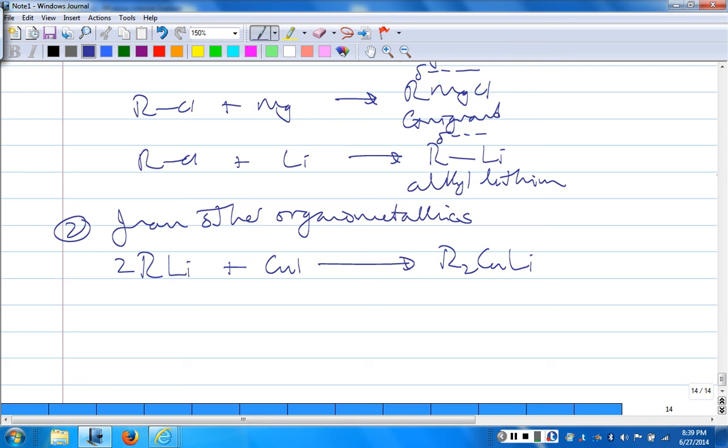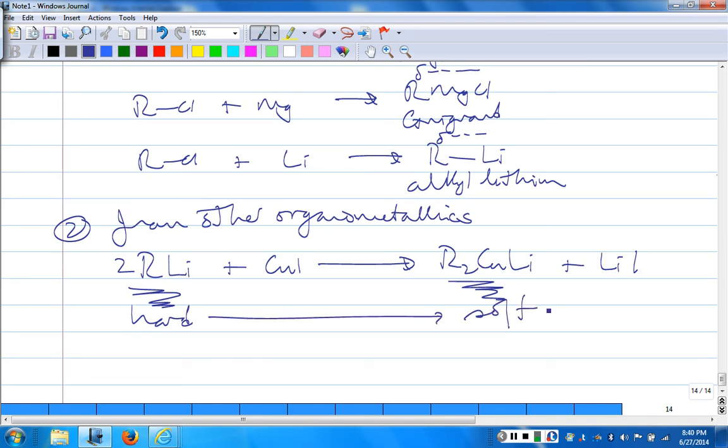Okay? If you balance the reaction, lithium iodide is the other product. So I go from a hard to a soft, and this always goes that way, from hard to soft, right? So I can either make the organometallic from the haloalkane or from other organometallic compounds, and there's only one example of it for which you're responsible.